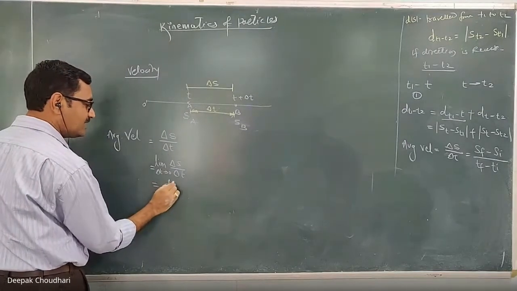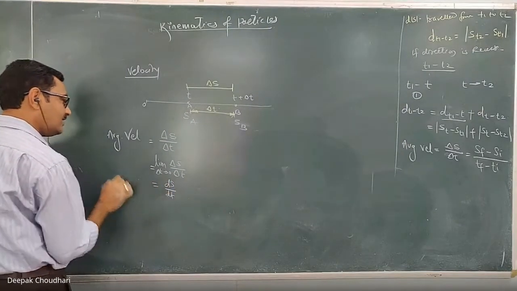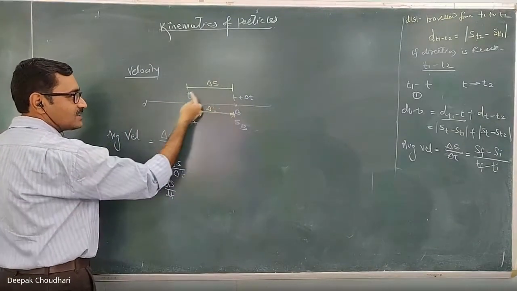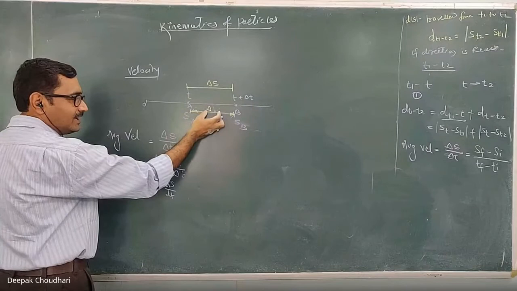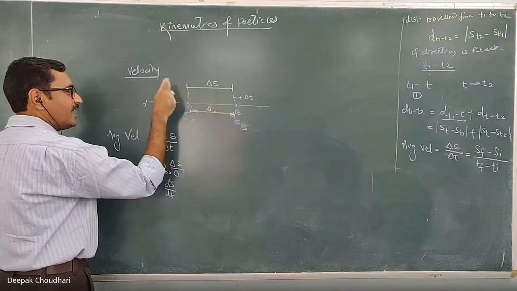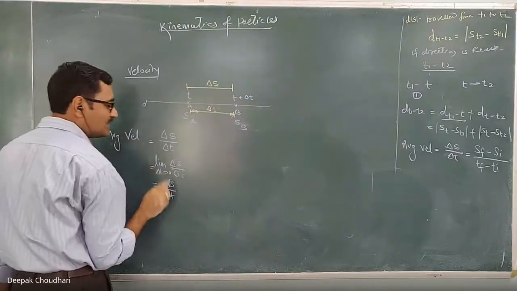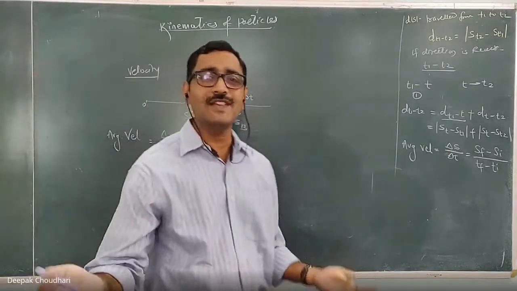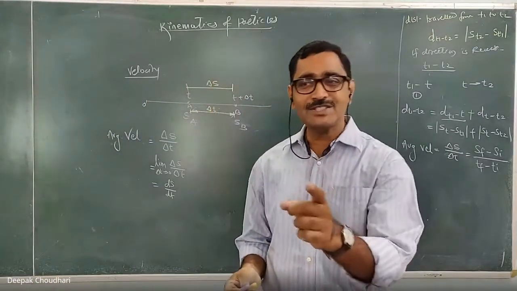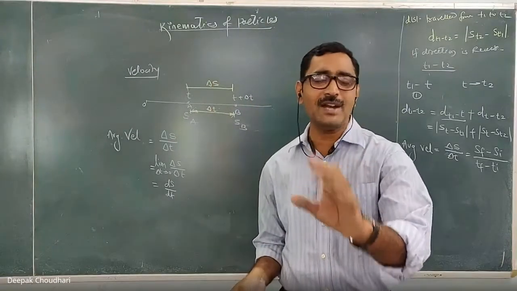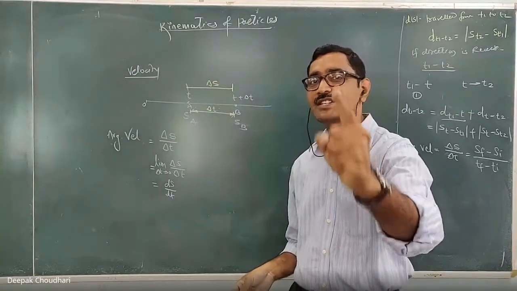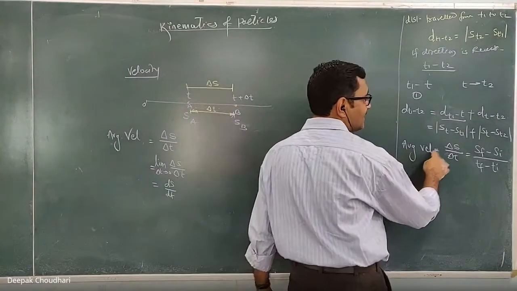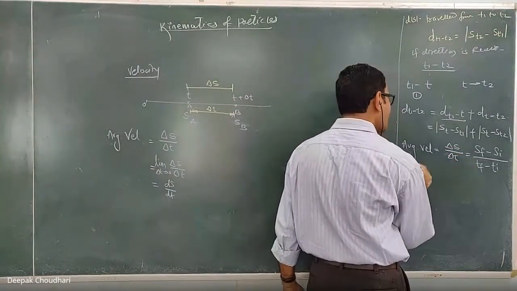This becomes ds by dt, which is known as the instantaneous velocity of the particle at this time. क्योंकि ये इसके ऊपर overlap हो गया, delta t का interval very small हो गया, and instead of the average velocity, now this becomes the instantaneous velocity, which is commonly known as the velocity. So when I say the velocity, it means the velocity of the particle at that particular instant of time t.